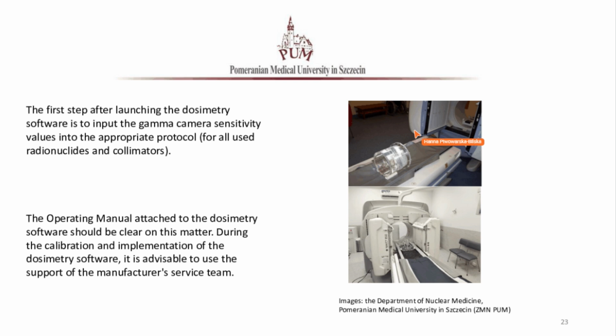The first step after launching the dosimetry software is to input the gamma camera sensitivity values into the appropriate protocol in the dosimetry software. The operating manual should be clear on this.